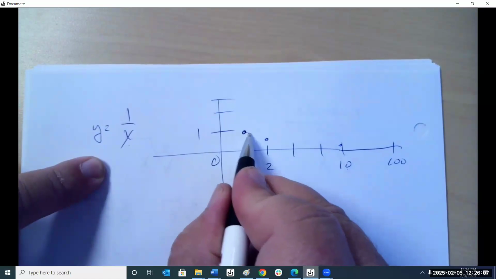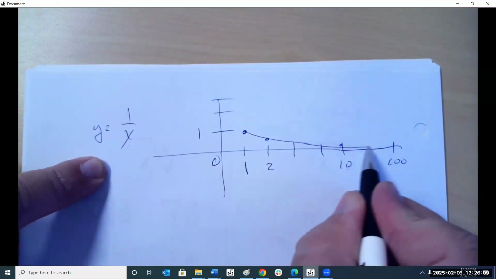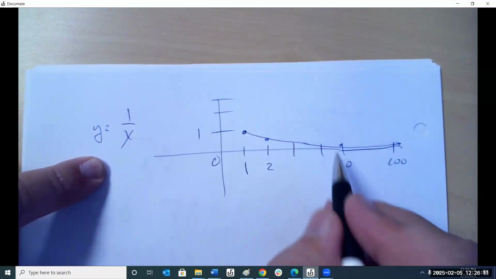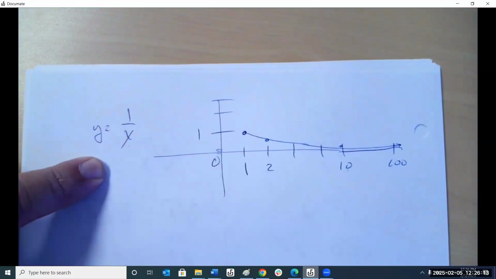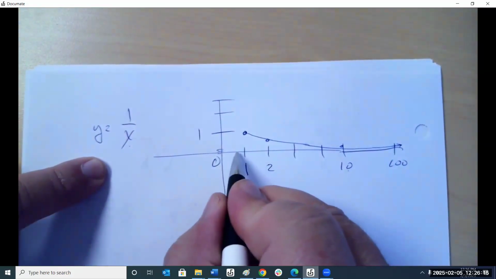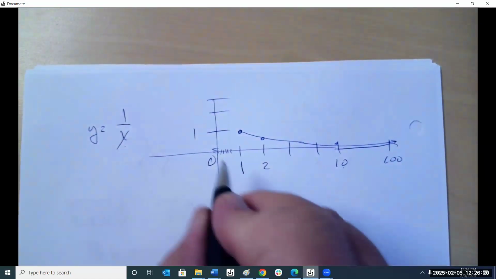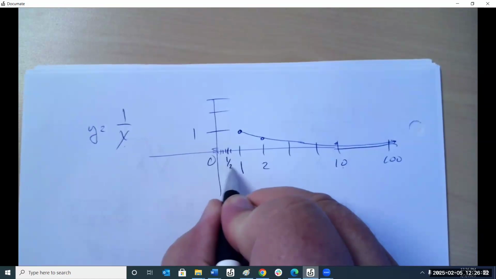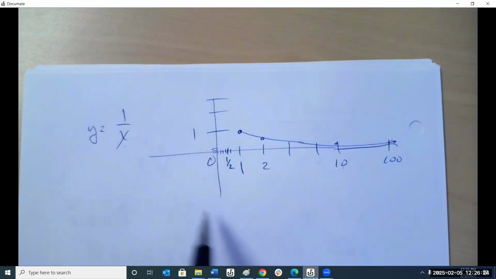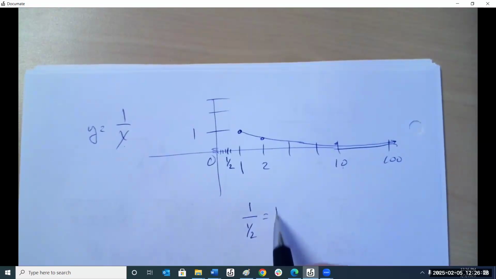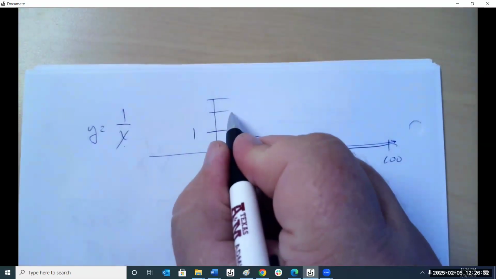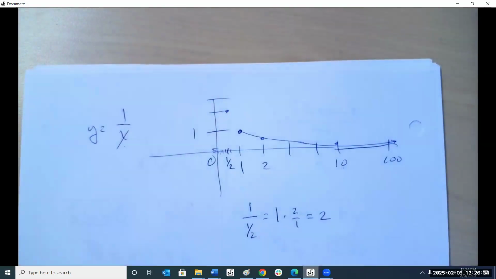From here, the farther we go out, the closer it gets to the x-axis. As we get closer to 0, when x is 1/2, 1 over 1/2, take the top and flip the bottom, we get 2. It's closer to the y-axis.